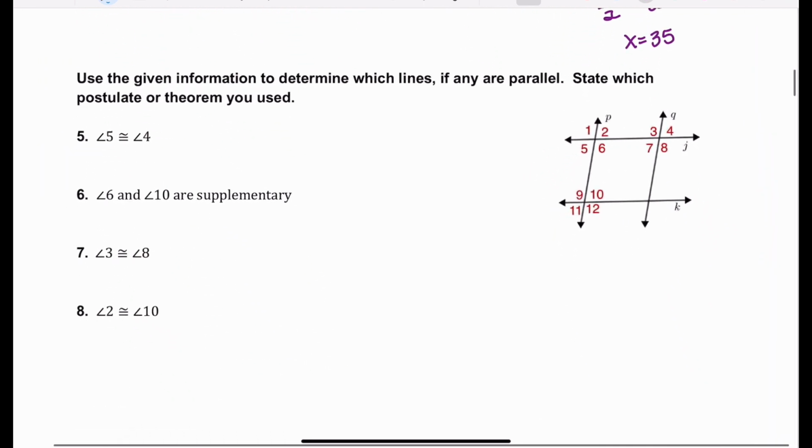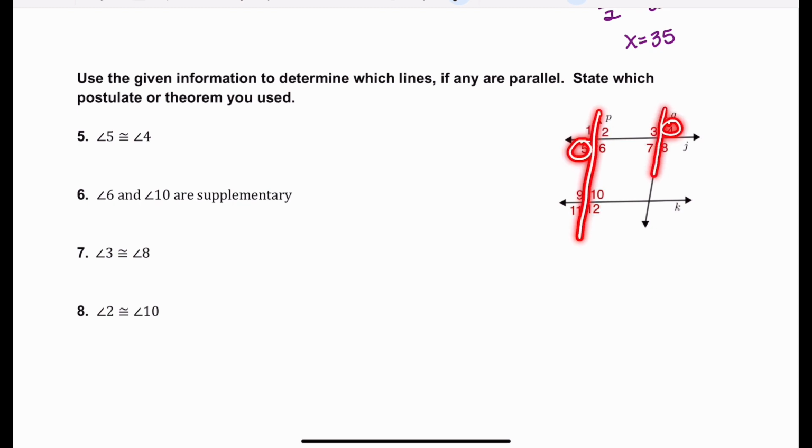Now, on this next one, we need to figure out which lines are parallel. So we're going to say that angle 5 is congruent to angle 4. These two are alternate exterior angles to P and Q. So if P and Q are here, here's our transversal. 5 and 4 would be alternate exterior angles. So P and Q would have to be the parallel lines.